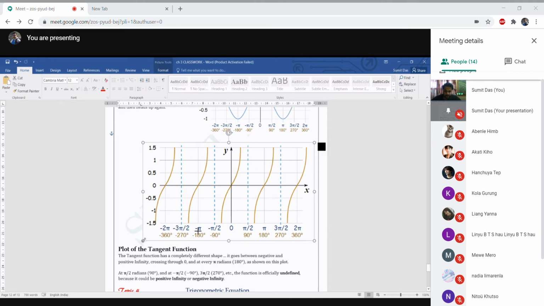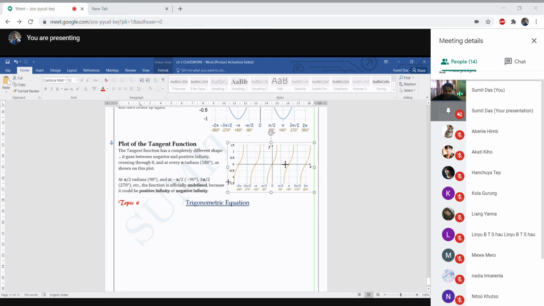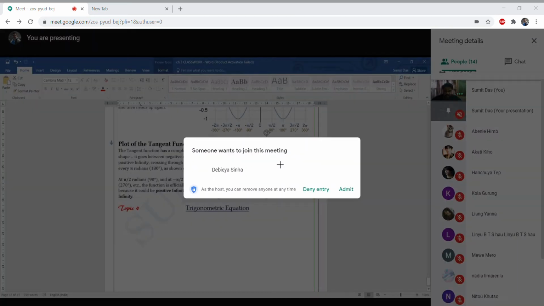So if you see the explanation, it says that the tangent function has a completely different shape.